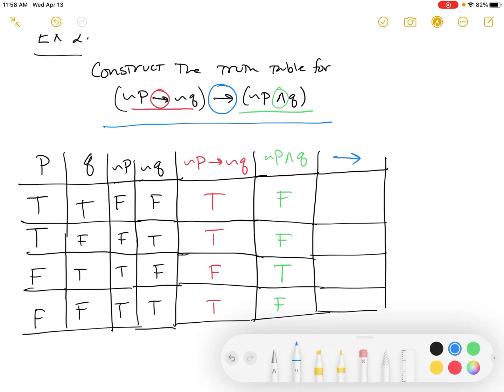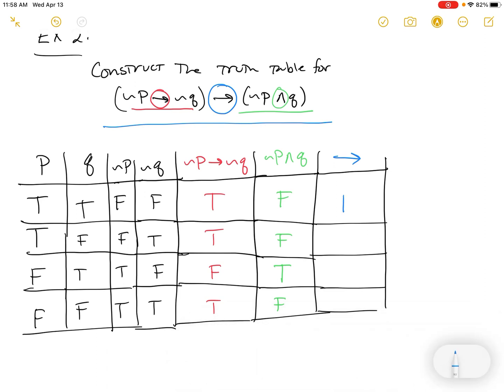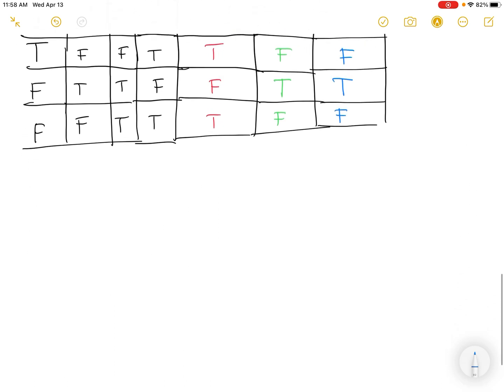Let's go term by term. So these last two here: true implies false, that's false. True implies false, that's false. False implies anything is always true, but true implies false is false. And so we get a truth table that has 3 falses and a true. We're just building that truth table in there.